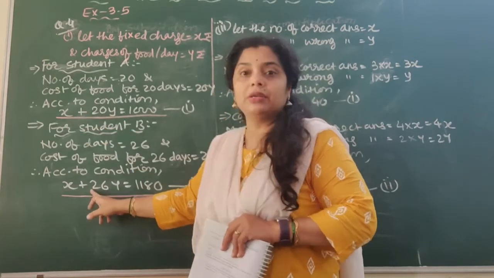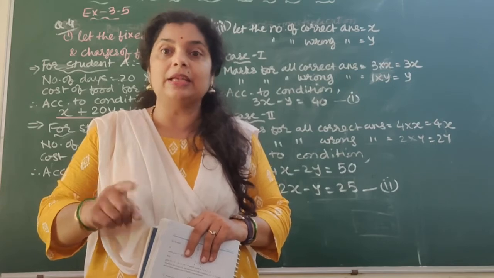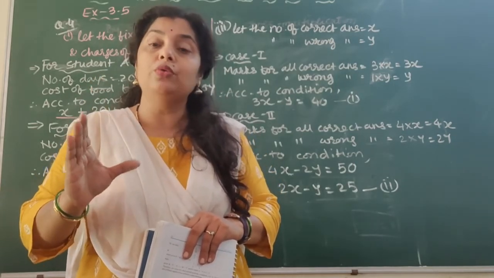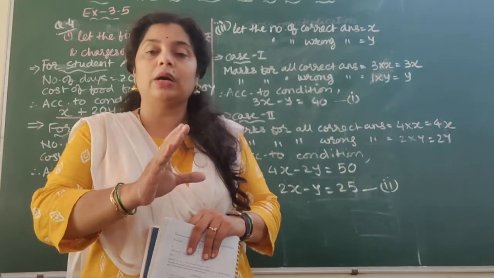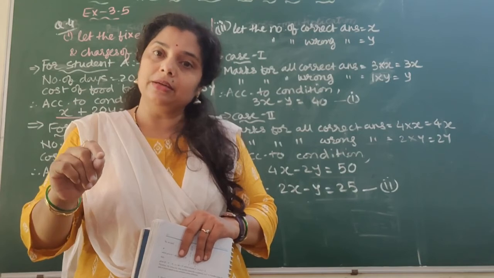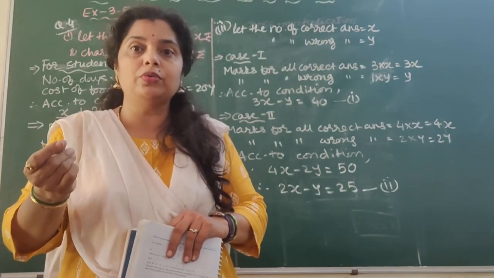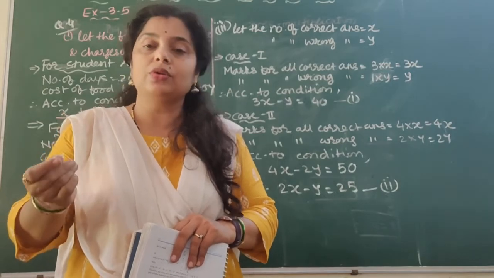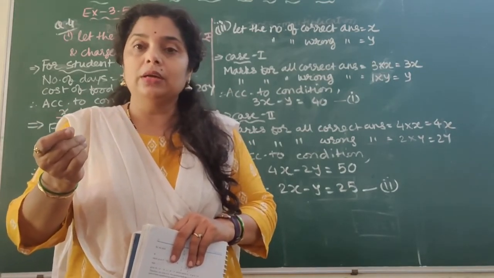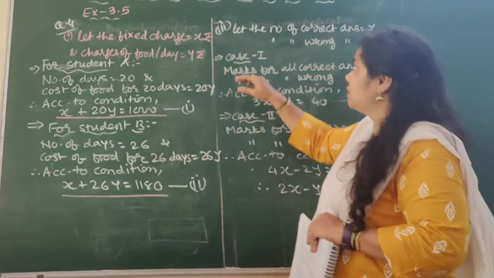In this case, there is a subtraction, because to get the total marks, from the correct answers' marks we have to subtract the marks for wrong answers. That we have to cut. So let's see what the steps are.